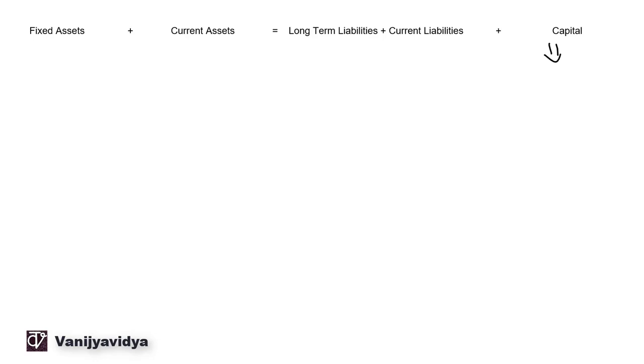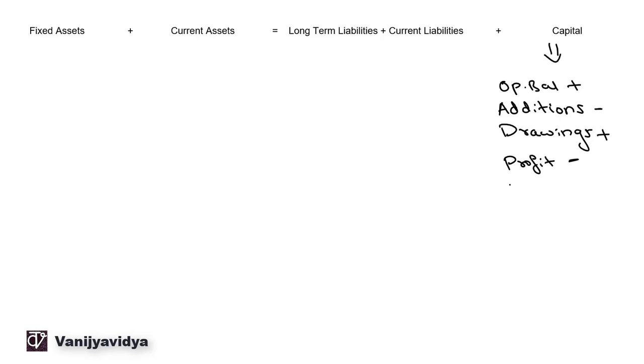Now this capital, as said earlier, is opening balance plus your additions minus any drawings or withdrawals plus your profit minus your losses. Now this profit and losses can also be written as plus your income minus your expenses. So this is a bifurcation of capital.